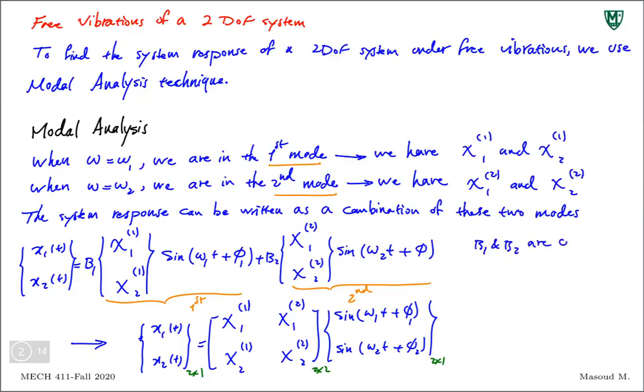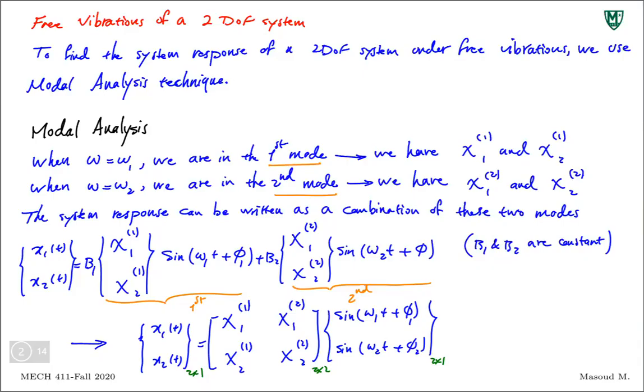Just constant values, some number. Because we are forming the solution as a combination of the system response to the first mode and the system response to the second mode. Which one has more effect on the result than the other one? It goes back to those B1 and B2.